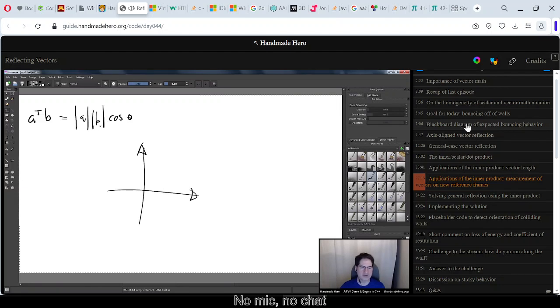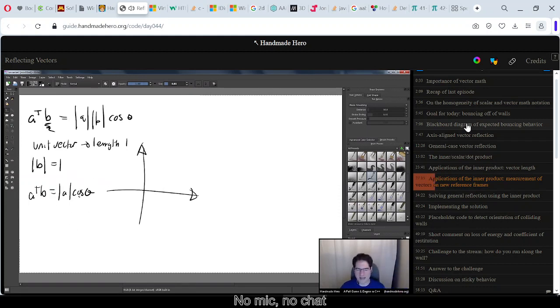What if we could just say, a priori, let's take B, and let's say B is a unit vector? A unit vector is a vector with length 1. So if the length of B was 1, it would drop out of here, and we get A transpose B equals length of A times cosine theta. That's what we're actually going to get.